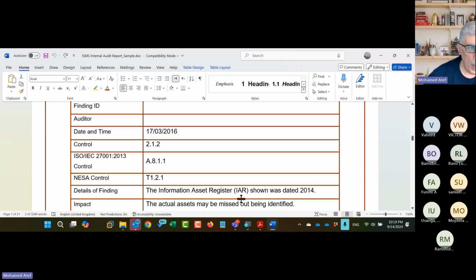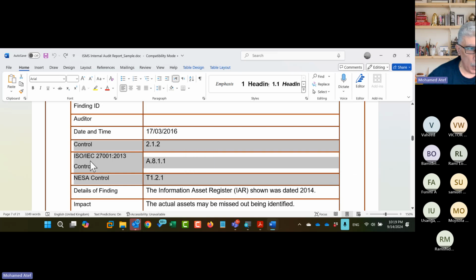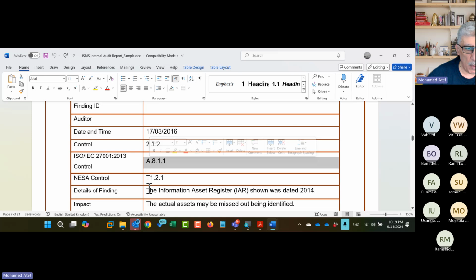And here you have to write down all the controls that have been breached from different standards according to this finding. Are you following, guys? So if this control was requested by ISO, and because they didn't update, I have to write down that in ISO standards, this control requested to update the information asset register. However, it was not done. And in the NISA standard, the same. And in this standard, the same.